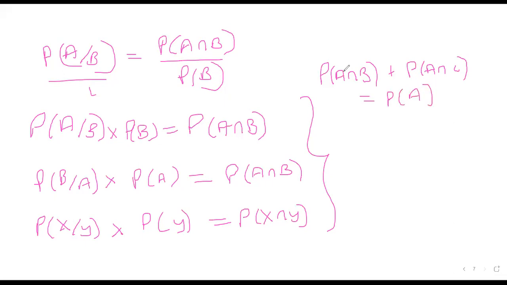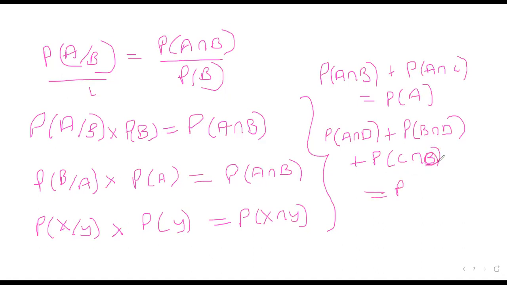A. So it will be A. How about if A intersection D plus B intersection D plus C intersection D?